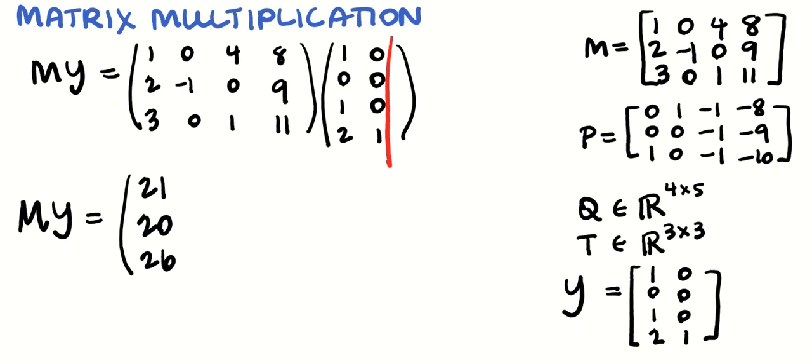So I'll be over here, dotting this row, the first row, with the second column. And, hold on. Oh, yeah, it's going to be 8. Pardon me. I'll call it 8. Second row down here, I'll do the dot product. I'll end up with 9. Then I will move that down once more, and I will get 11.